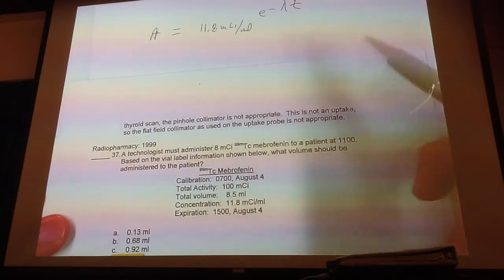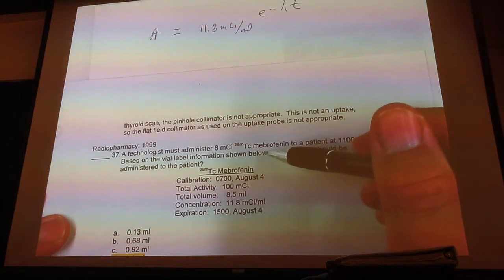So we've got 11 o'clock, which is 4 hours, right?